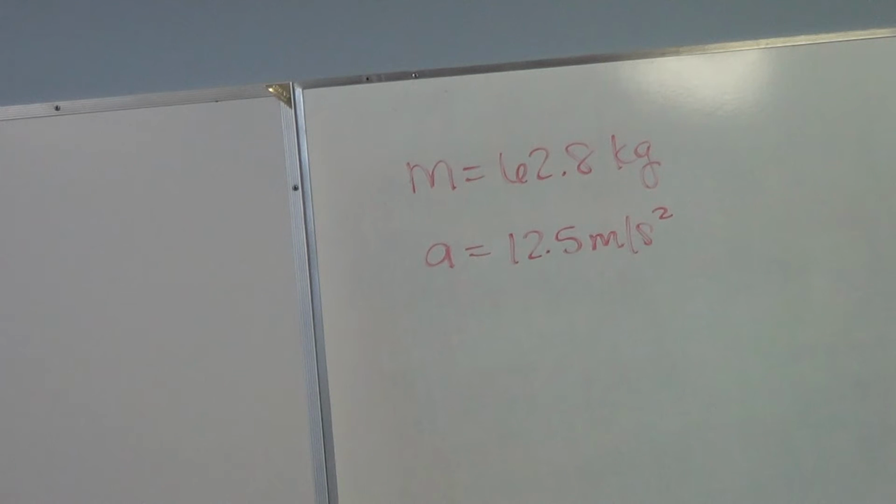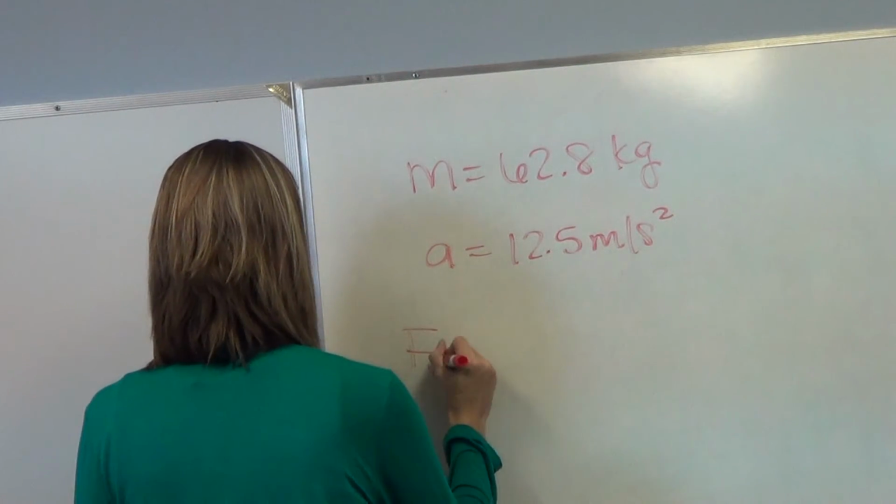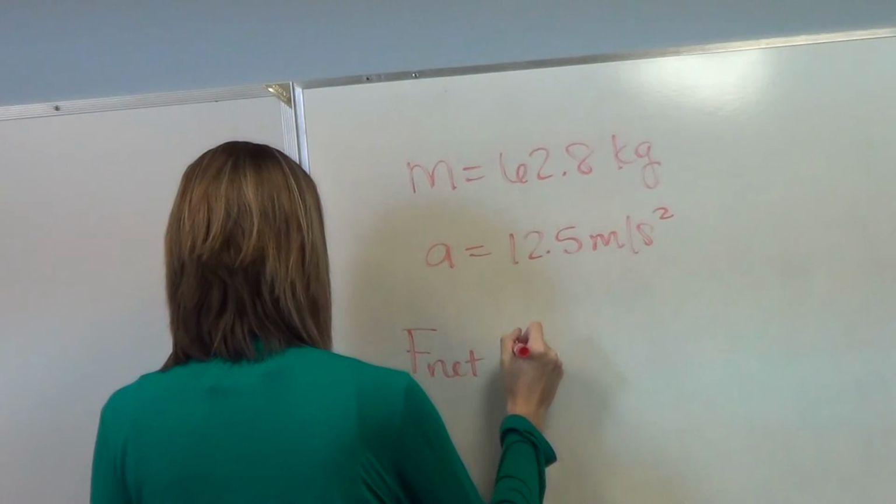How are we going to calculate the net force here? Acceleration times mass. Okay, and we know the acceleration, and we know the mass, so that will give us the net force. Good. I forget what the problem is asking for us to do again.